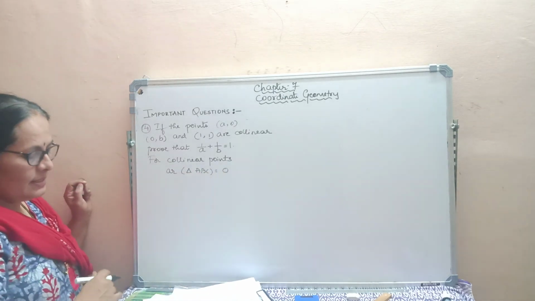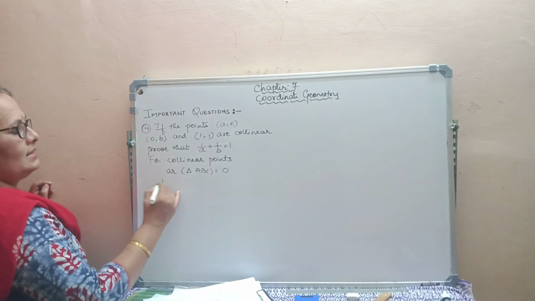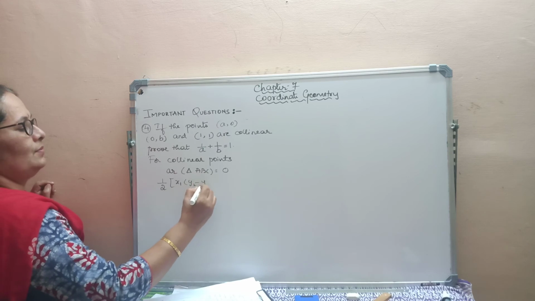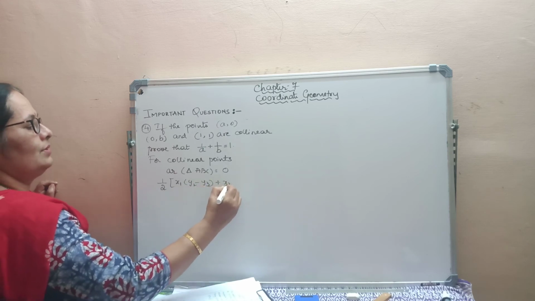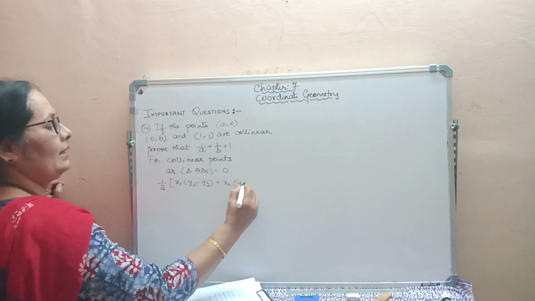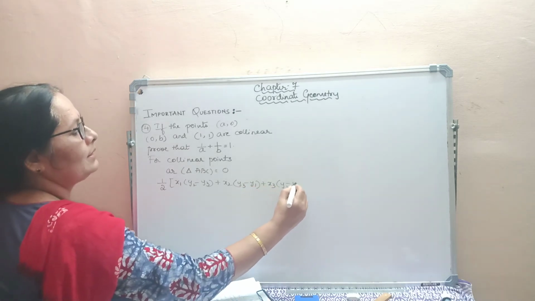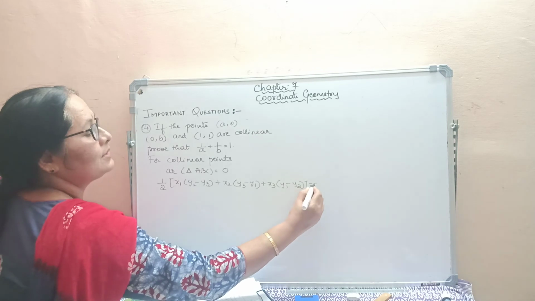When the area of the triangle is 0, then half into x1 into (y2 minus y3) plus x2 into (y3 minus y1) plus x3 into (y1 minus y2) equals 0.